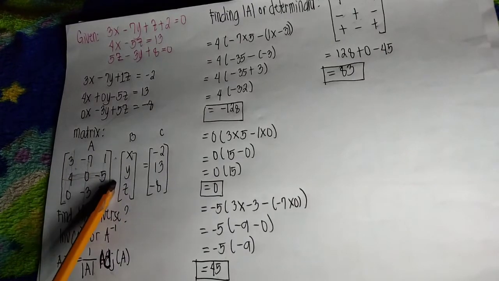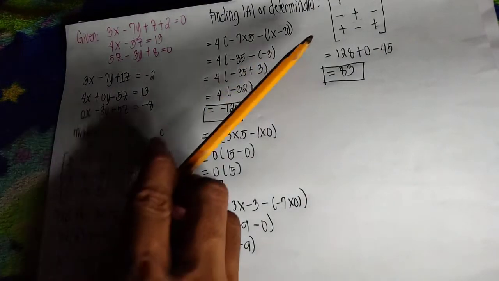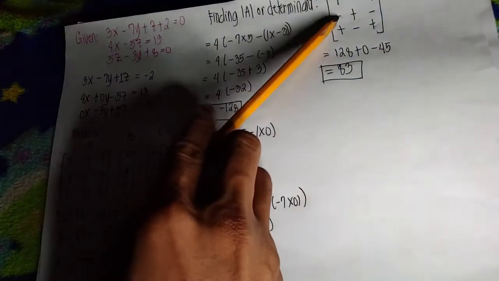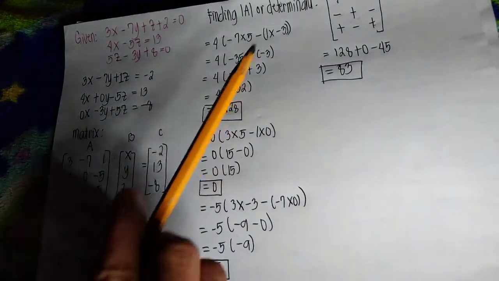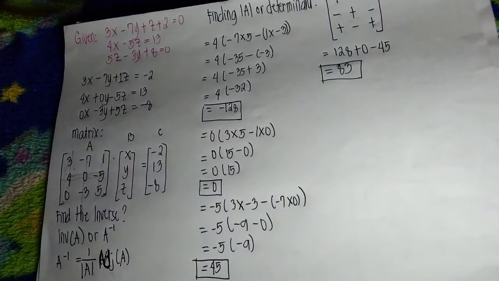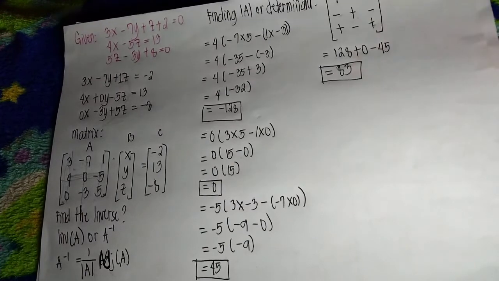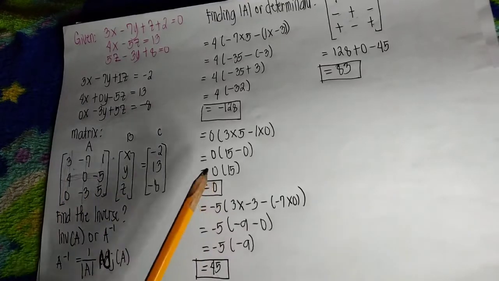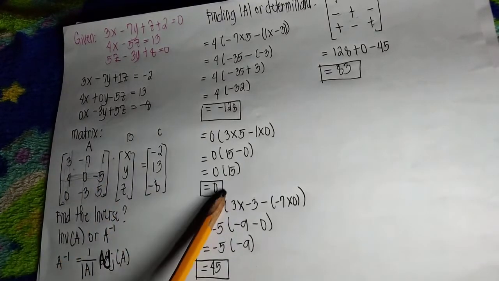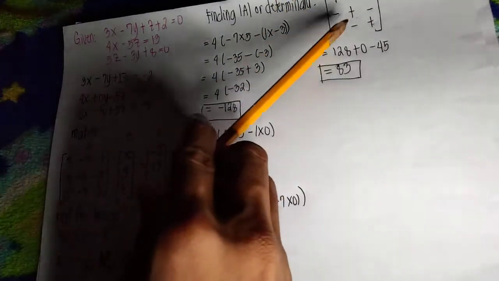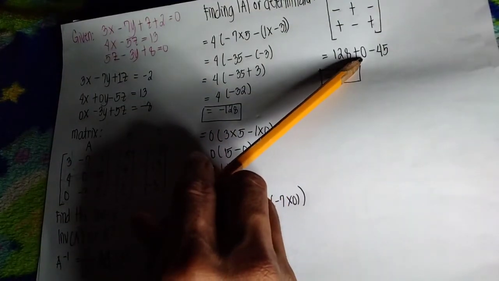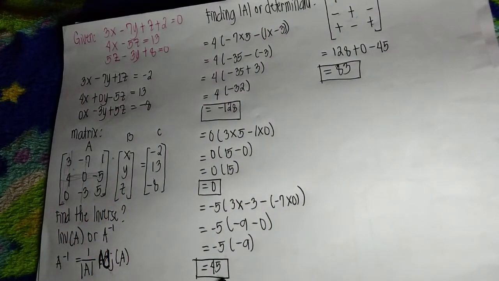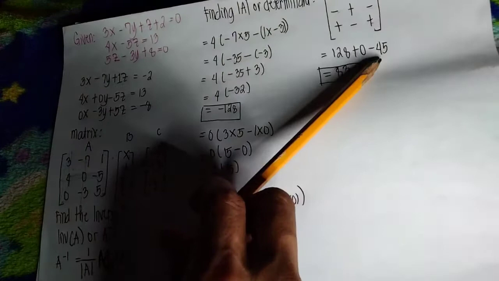Yung second row lahat, yung product niya, i-times mo dito sa kung saan siya nabilang. So yung 4 second row negative 128 times negative equals positive 128. Tapos yung 0 natin, yung product niya, ang answer niya is 0. So if times mo yan sa positive, 0 lang. So yung negative 5 mo is 45, positive times negative equals negative 45.